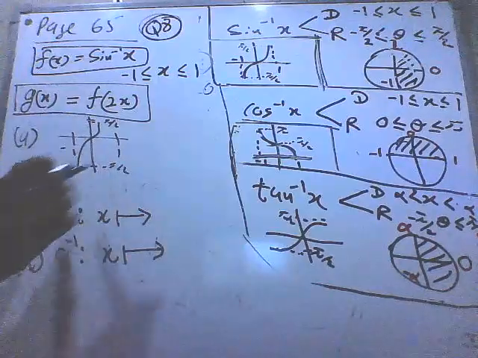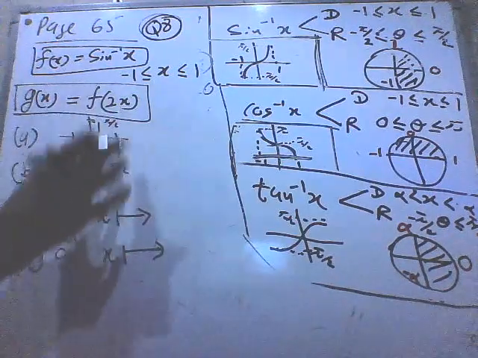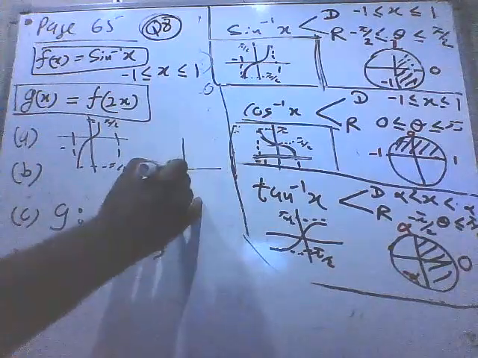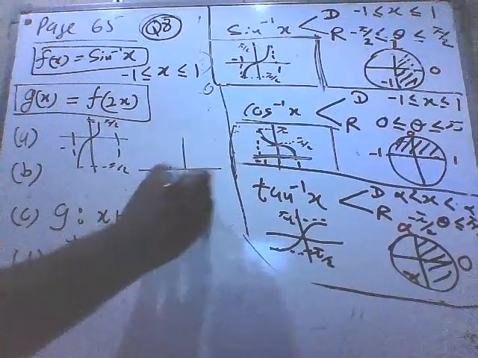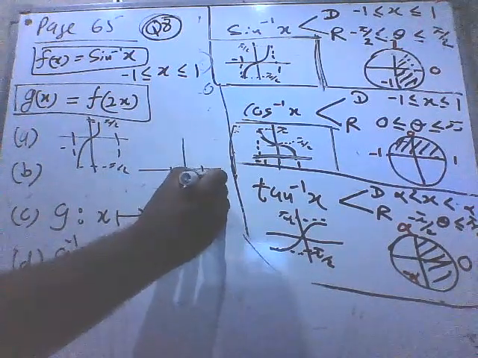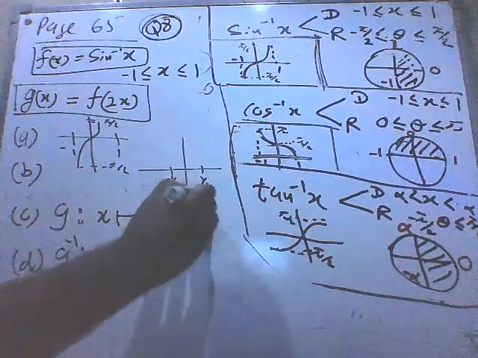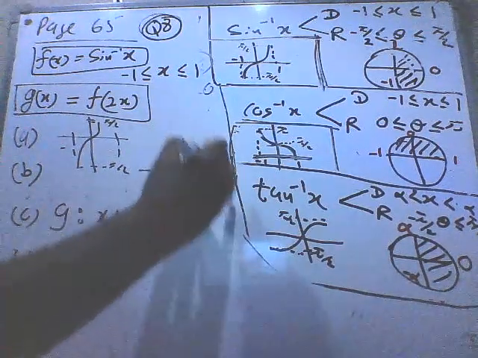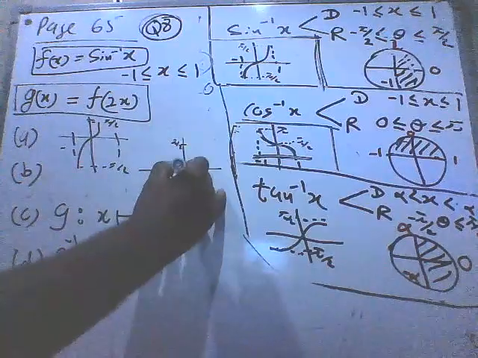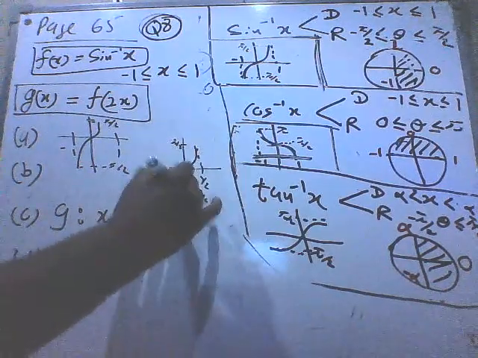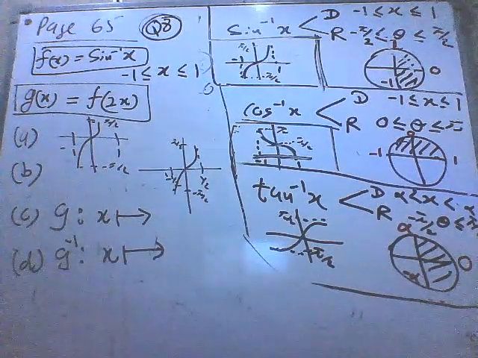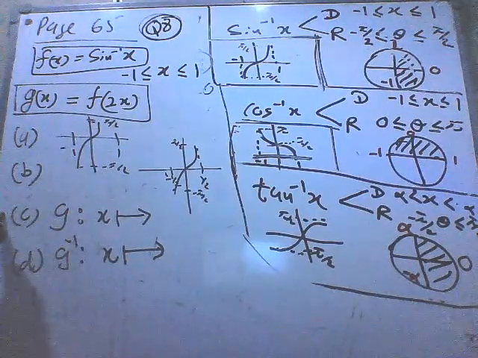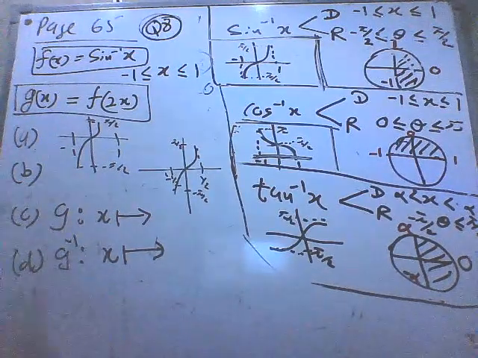So this is an x transformation: when x gets doubled it becomes half, so the same graph will become here minus half, this is half, and same minus pi over 2 and pi over 2, and it will hold this shape. Now part C, they are asking us to define g in this way.